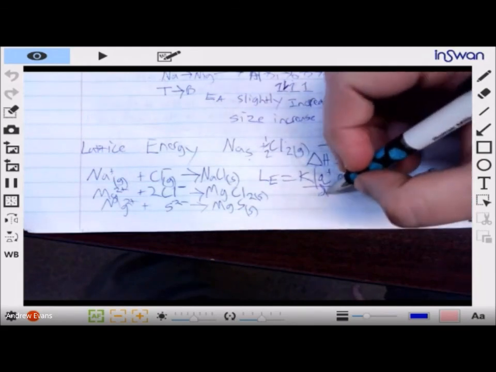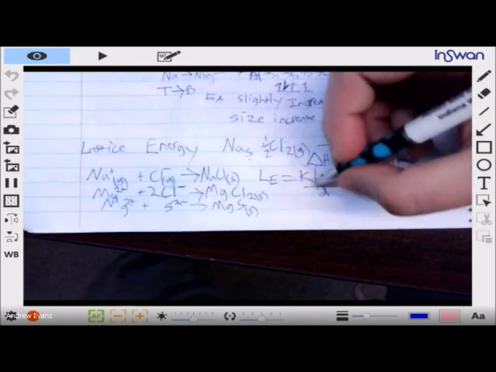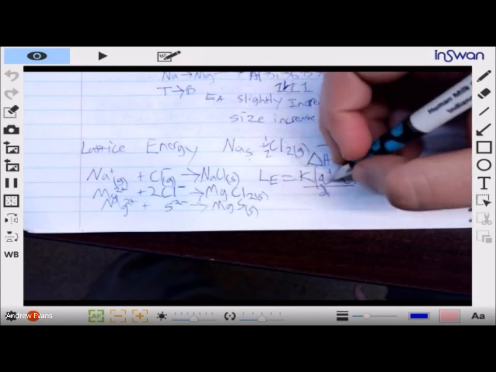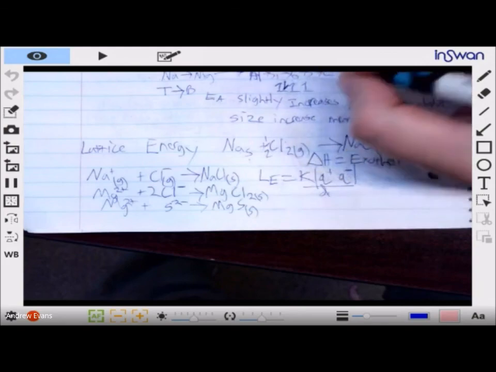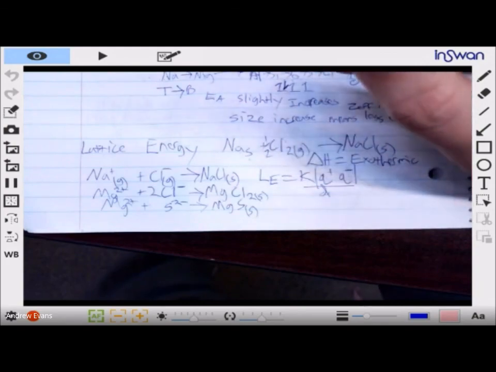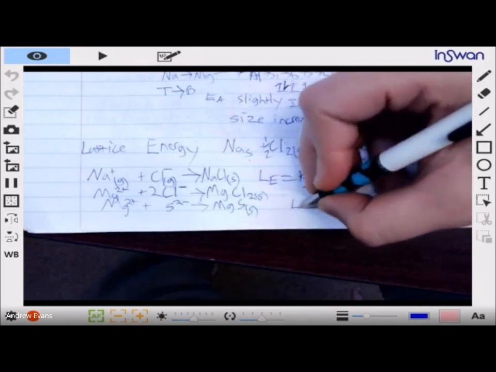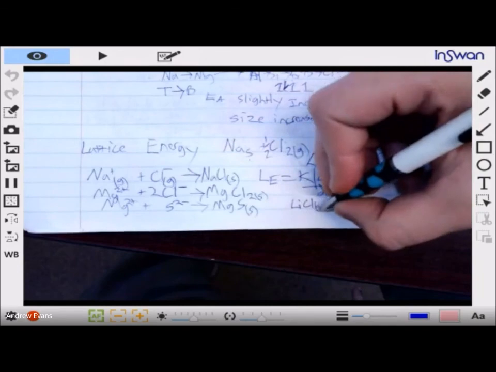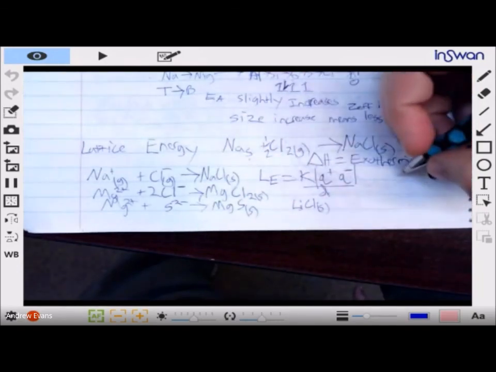However, the bigger the size, the farther the atoms are apart, and so the less attraction they can have, because the nuclei have to get close. So the bigger the atom, the smaller the lattice energy. If I compared sodium chloride versus lithium chloride, because lithium is smaller than sodium, lithium chloride would have a greater lattice energy.